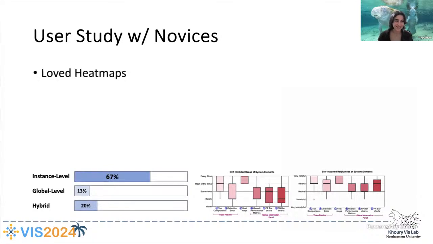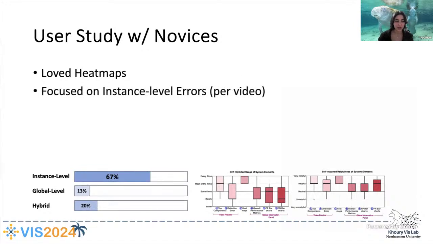In general, novices loved heat maps, those temporal heat maps under the videos. They used them significantly more often than any other components of the interface, which goes hand in hand with the fact that they focus a lot on finding instance level errors per video.